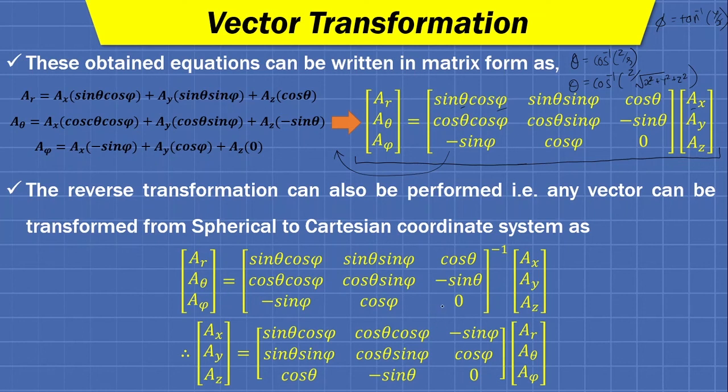So in both the transformations, that is, from Cartesian to cylindrical and from Cartesian to spherical, the coefficient matrix we get has a unique property: the inverse of that matrix is exactly equal to the transpose of that matrix. Fine. Thank you.